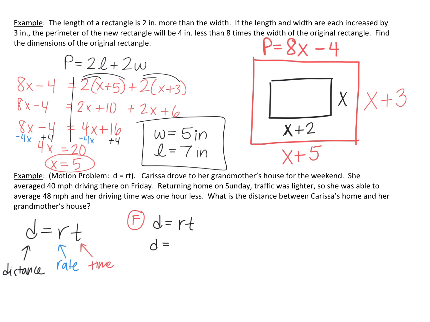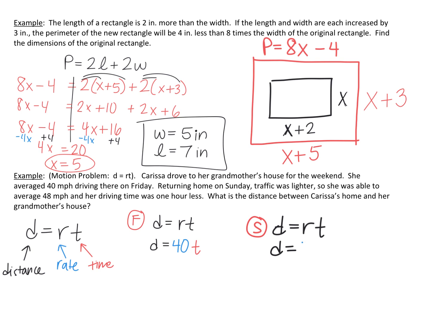How fast is she going on Friday? 40? 40 times her time, which, do you know it? No, so it's got to stay a variable. Okay, now on to Sunday. On Sunday, we do this again because we have a different rate this time. D equals RT. On Sunday, what's her rate? 48.